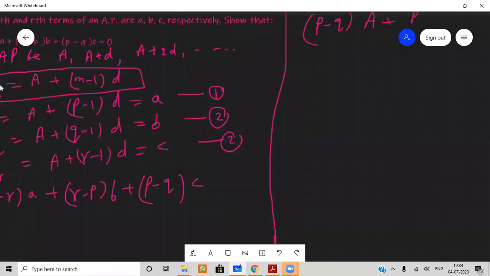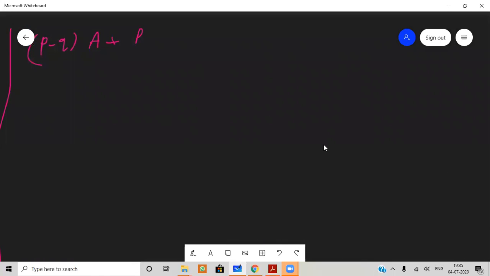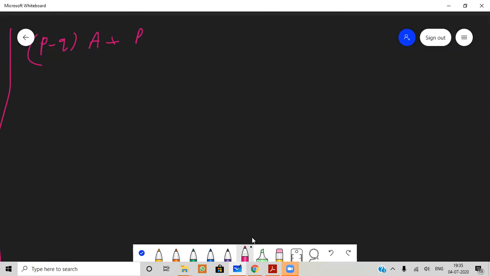Yes, the first thing is q minus r, so this is q minus r into A plus p minus 1 into d, the pth term. Plus r minus p, and the term there was capital A plus q minus 1 into d, the qth term.